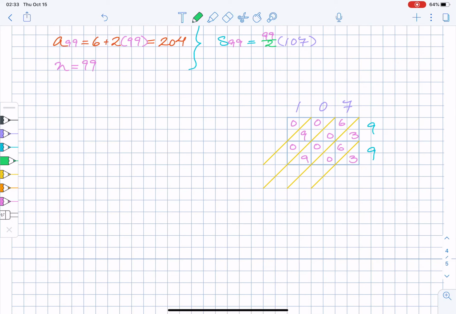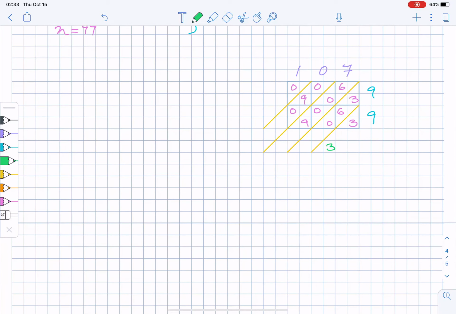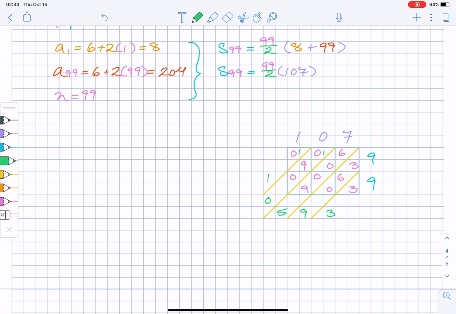From right to left, we have 3, 9, 15, carry the 1, and 10, carry the 1, 1. Okay, so the 99th partial sum is going to be 10,593 divided by 2, whatever that is. I'll just leave it like that.